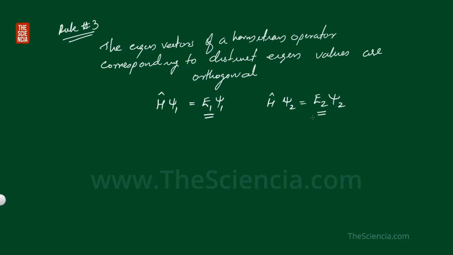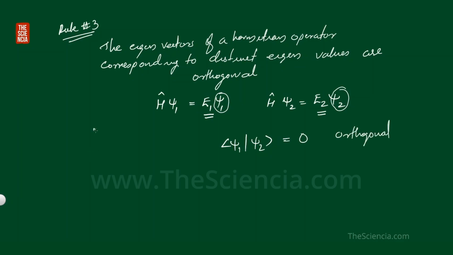So these eigenvalues E1 and E2 are distinct. Their corresponding eigenvectors, psi 1 and psi 2, then give bra psi 1 ket psi 2 equal to 0. That is, they are orthogonal.